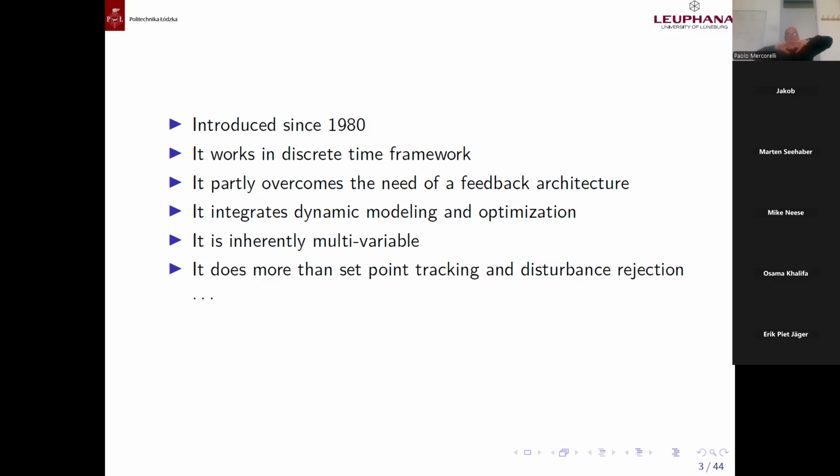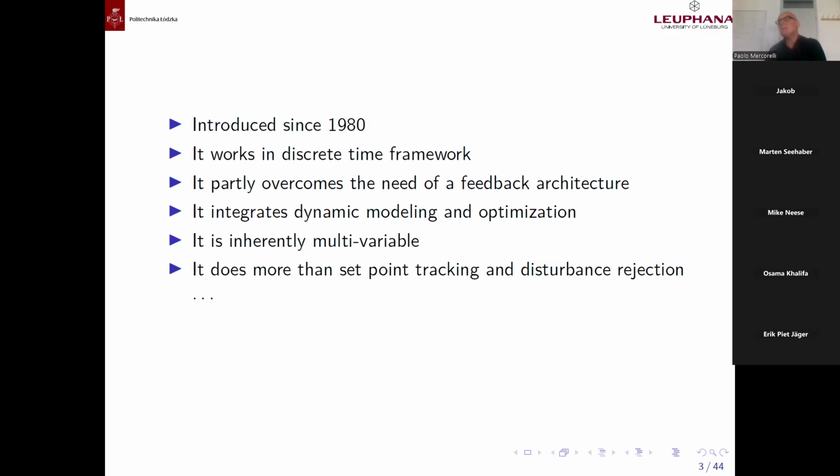Very important, it works in a discrete time framework. I can eventually tell you something about the discrete time framework, even though, as I told you, I don't have much time. But it could be that I can flesh out some important elements of this field.